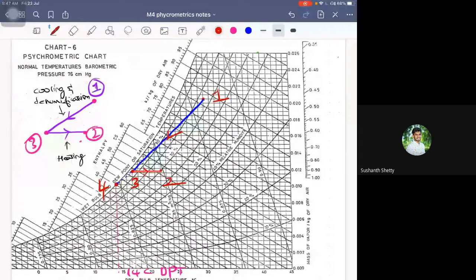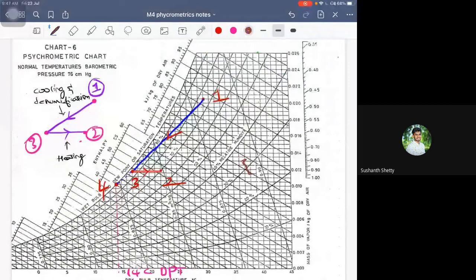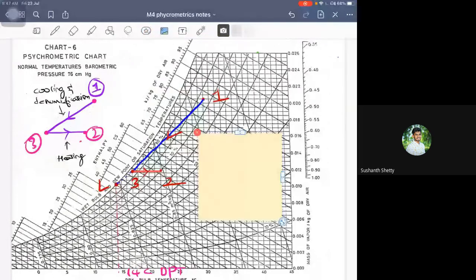Now, what I need now is values, for example, I take this color. Now I should extract the values.